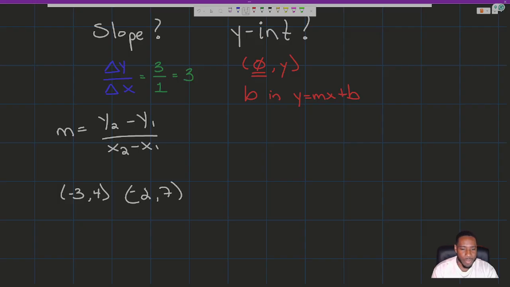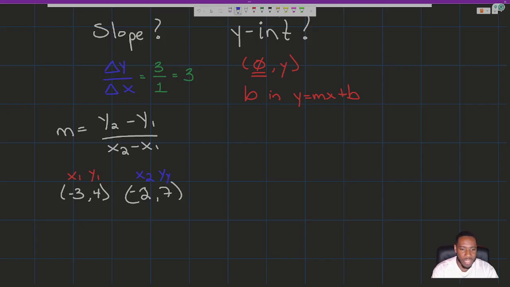If I was labeling those to plug into the slope formula, I want to be consistent in remembering -3 is my x1 and 4 is my y1. And over here, -2 is our x2 and 7 is our y2. Sorry, I mislabeled that. Don't do what I just did.